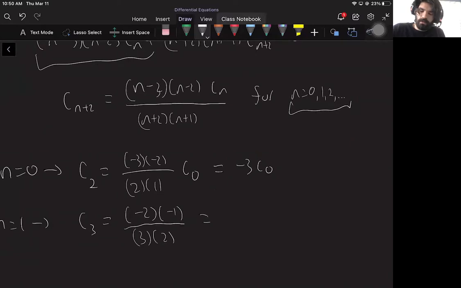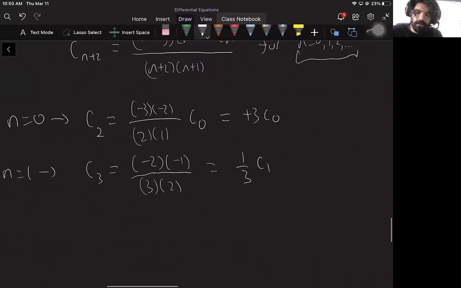The negatives cancel, I guess. Wait, what happened here? I think my work is slightly off. Okay, so the negatives should have canceled here. This should be a +3, and then this should be a 1/3 C1. Might be off by a negative for some reason. Okay.